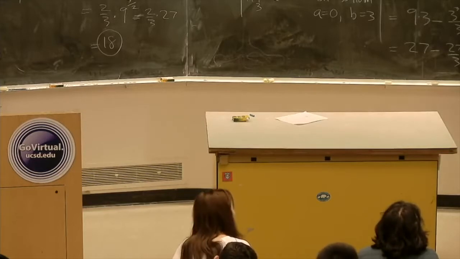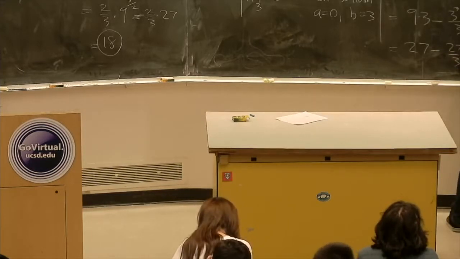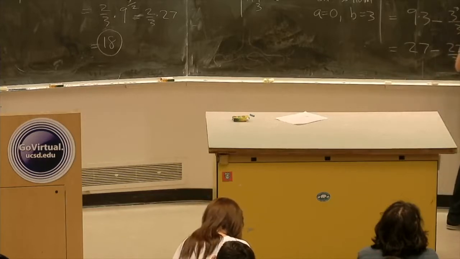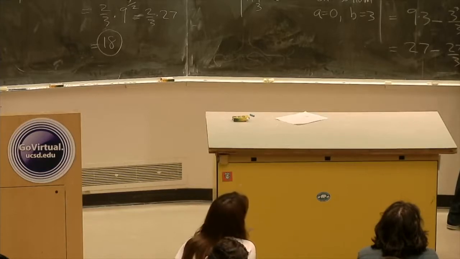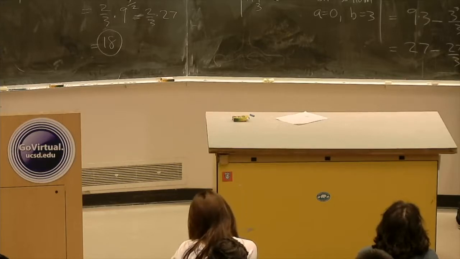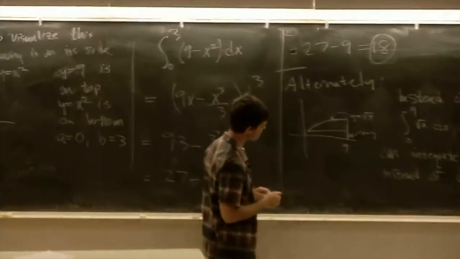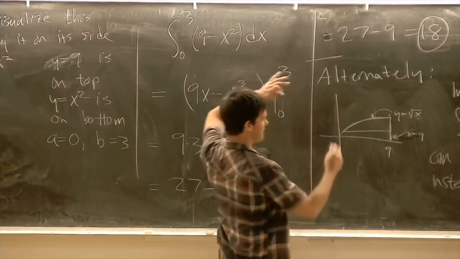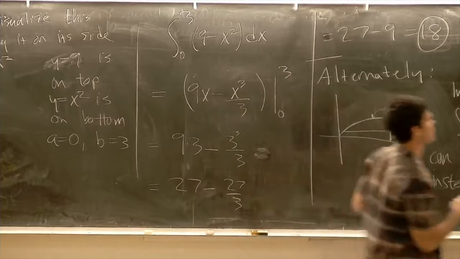So now we're going to integrate from left to right. So the left boundary is y equals root x. That's this guy. This boundary right here is the line where x is 9. So think of it from integrating a function on the left to a function on the right.